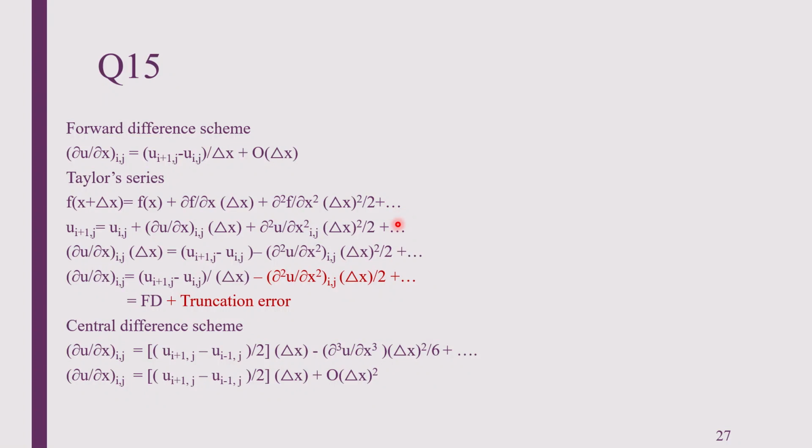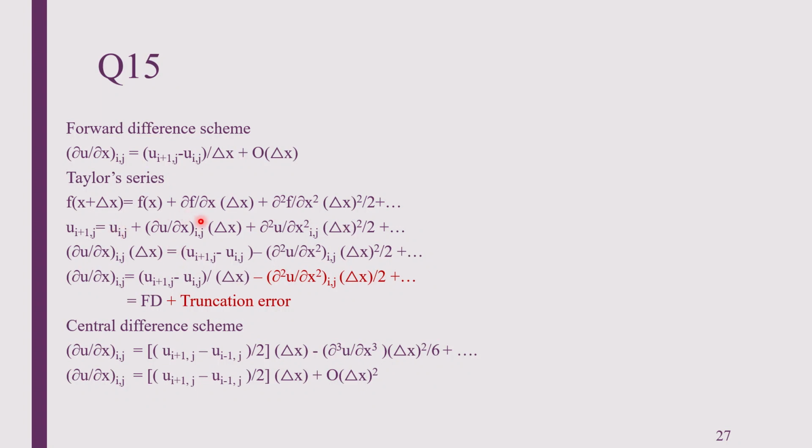And we are neglecting the rest of the terms, because delta x would be a very small quantity, and we are using delta x to the power of 2, delta x to the power of 3, so those terms would become negligible after a certain point.